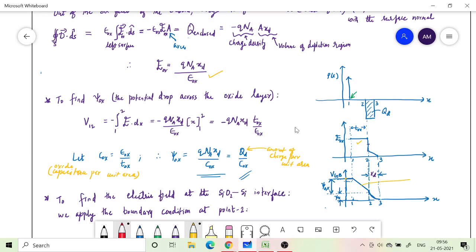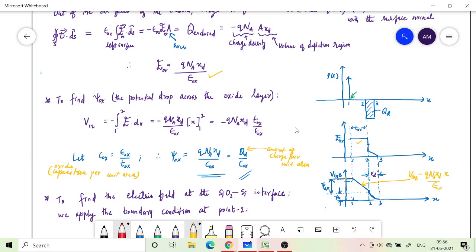If I write the expression for this, on one side we have VGB, and then this quantity, Q Na xd into x by epsilon ox.